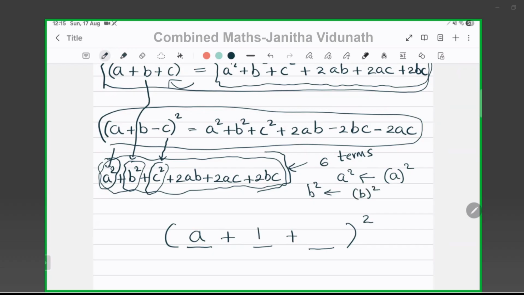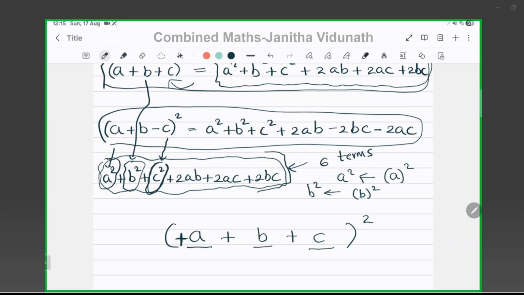Then simply we put b here. Then after observing the c square term, we know that it can be obtained from plus c square. Then we always put a positive sign for the first term. We always put a positive term for the first term.